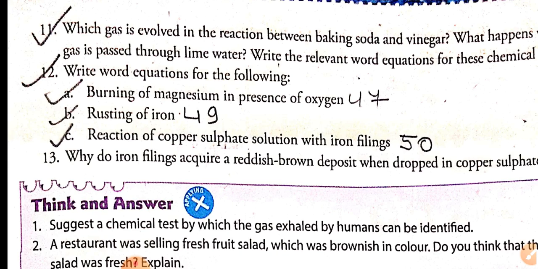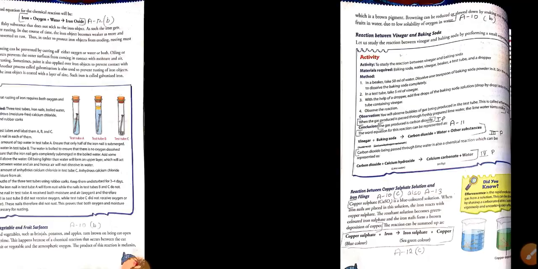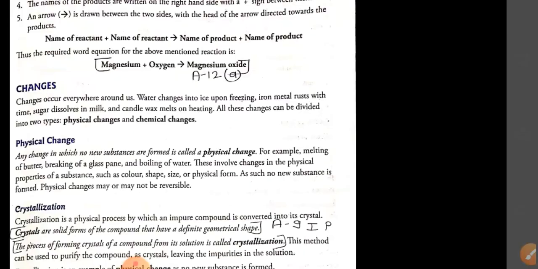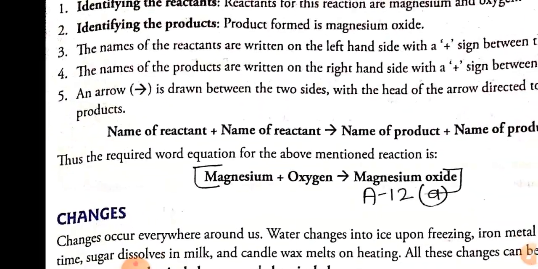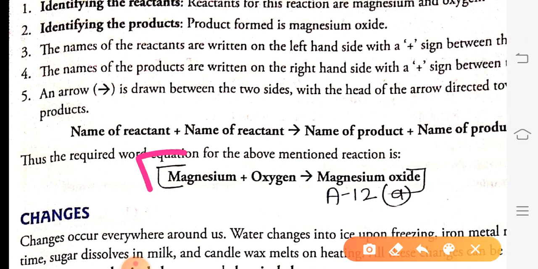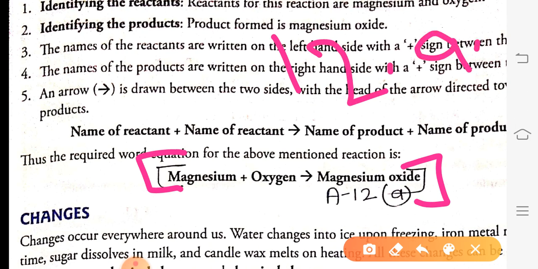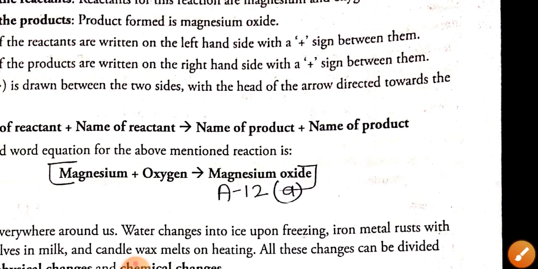This answer is given on page 47. You have to just write the word equation. So we'll write this: magnesium plus oxygen gives magnesium oxide. This is 12 A.